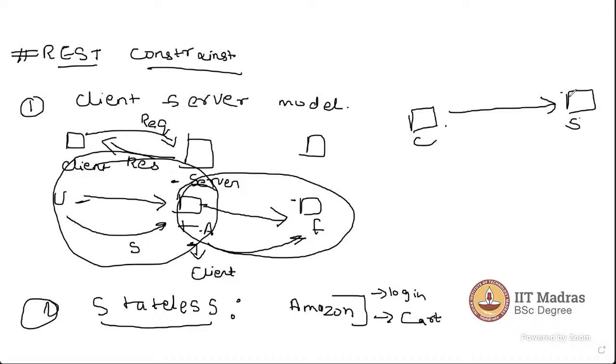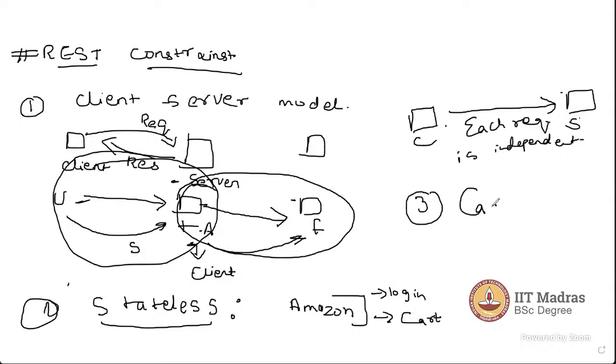The server may only give back that particular information, and then it will destroy the information that it had about the client. So each request is independent. This is the second constraint, stateless. The third constraint is cacheable.